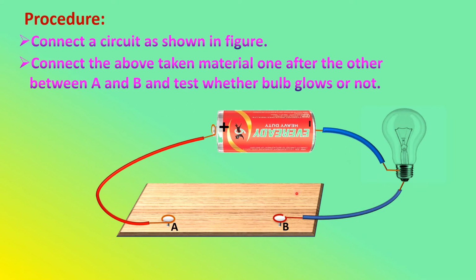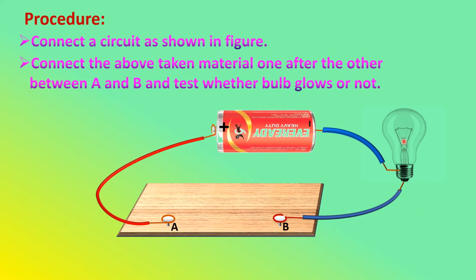Now, does the bulb glow now? No. Why? Because here in between the points A and B, the circuit is open. When the circuit is open, current will not flow in the circuit.